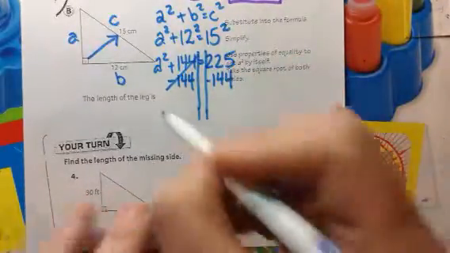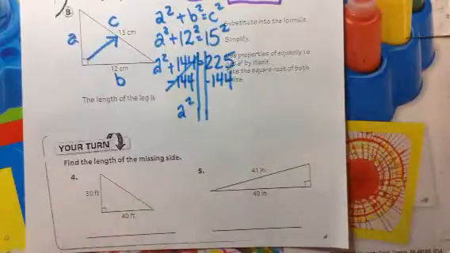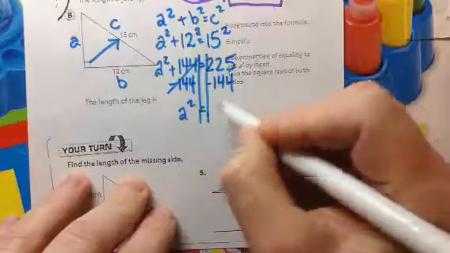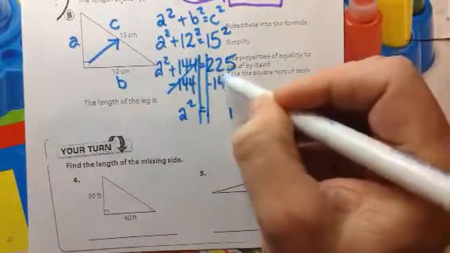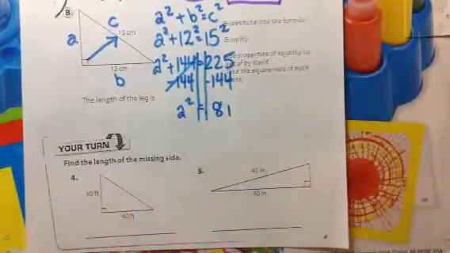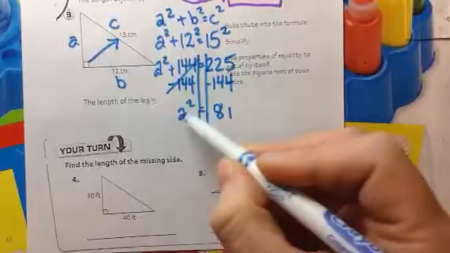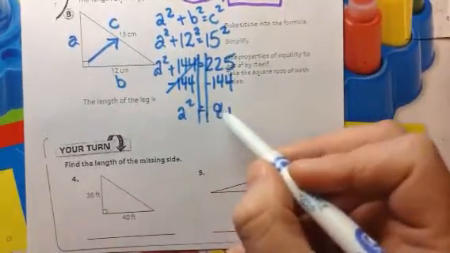So you cancel out your zero pair. So over here now, I'm one step closer to solving it for A, because now it's just A squared equals, how much is that? 6, 7, 8, 81? Okay. So this says A squared equals 81. So it's saying a number times itself is equal to 81.